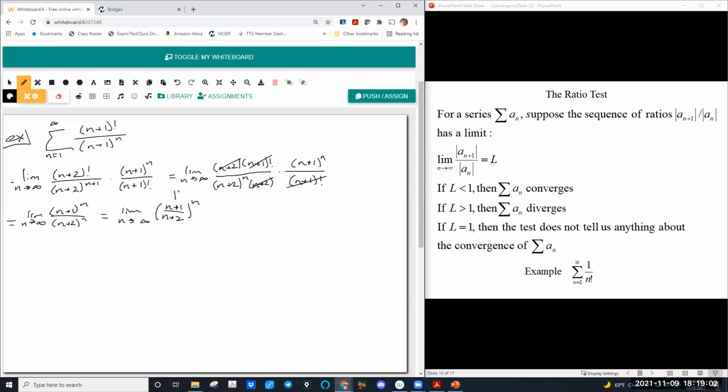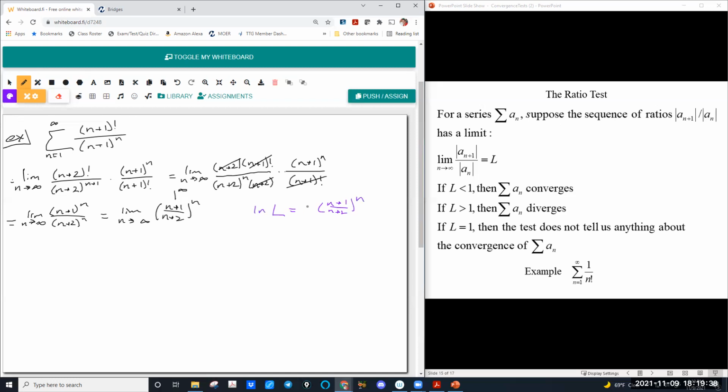So what we have is a 1 to the infinity case, which actually qualifies for L'Hopital's. Now, before we use L'Hopital's, we want to have 0 over 0 or infinity over infinity. So let me show you how this works. I'm going to let this expression here be L. So L equals n plus 1 over n plus 2 to the n.